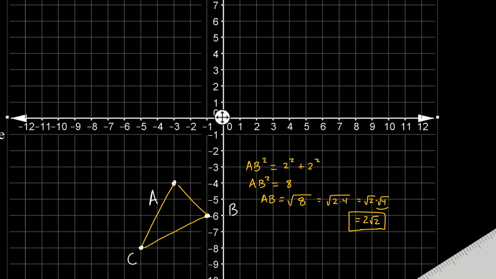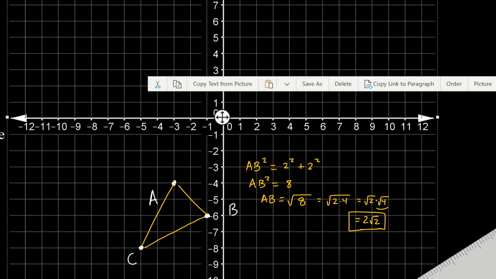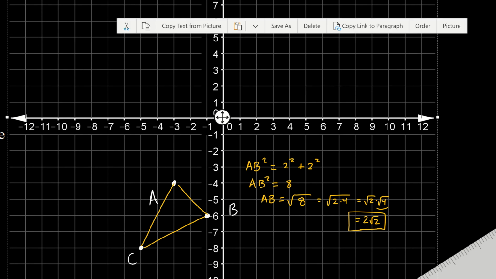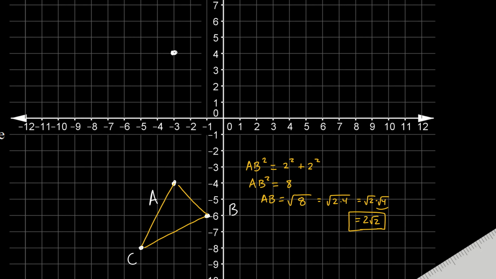So I'm reflecting across x. X's are all going to be the same. What's going to happen is the y's are going to become opposites. So instead of going down to -4, this is going to go up to +4. So we should have -3 and +4 as the first point. This is going to be my A prime.